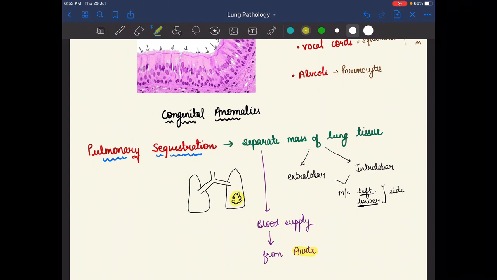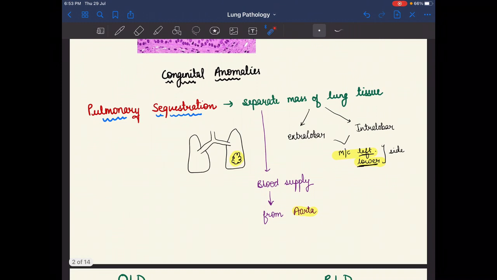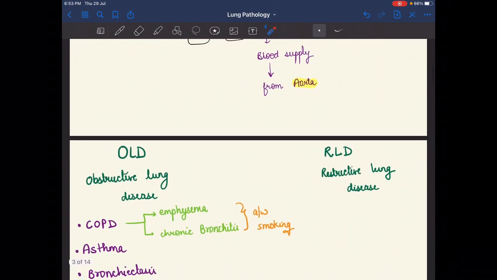The blood vessels which supply this mass come from the aorta.